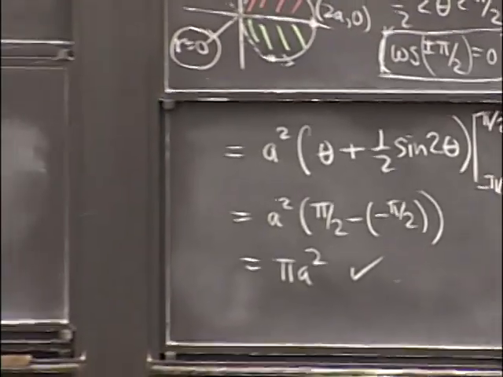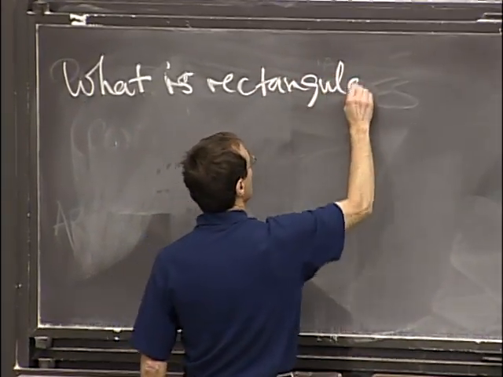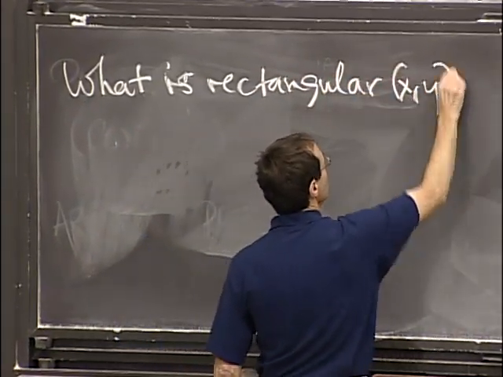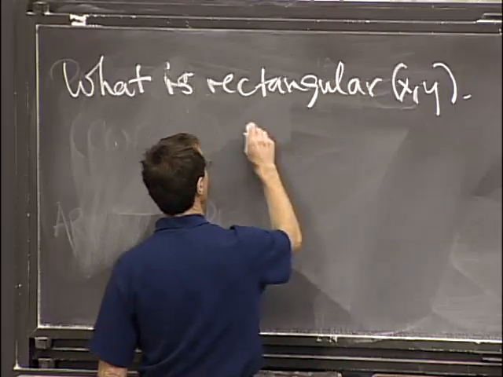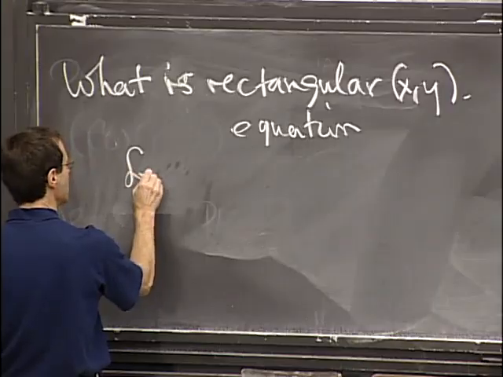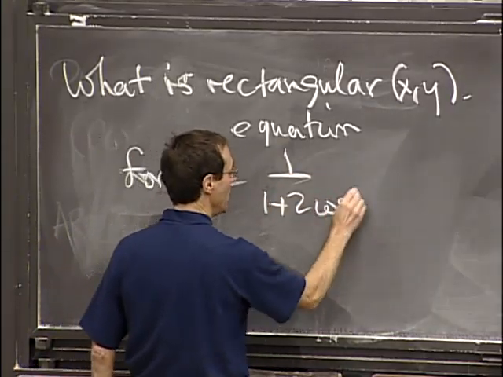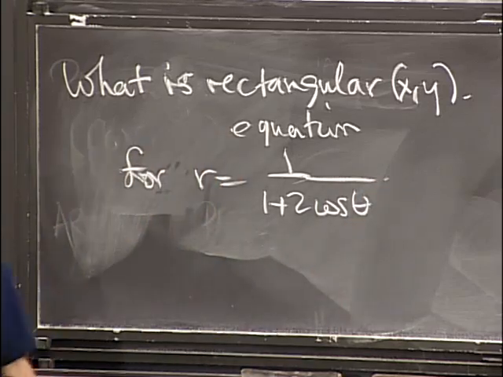So what is the rectangular equation? That means the xy equation for this r equals 1 over 1 plus 2 cosine theta. And let's see what it is.